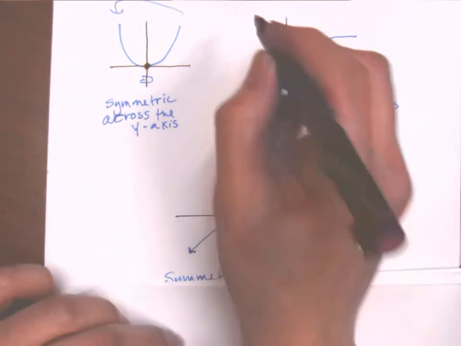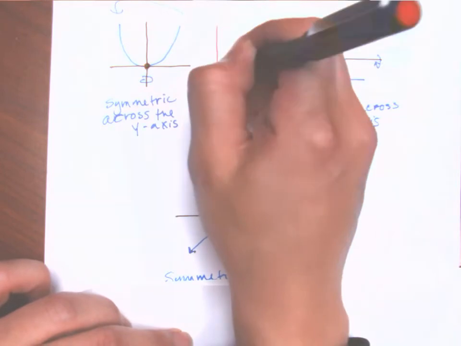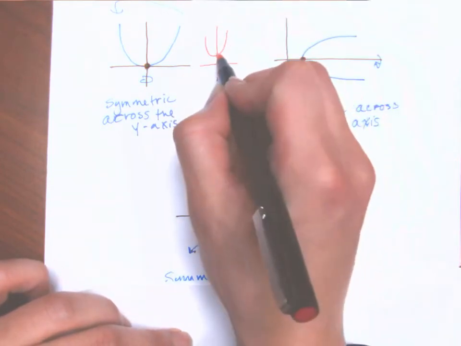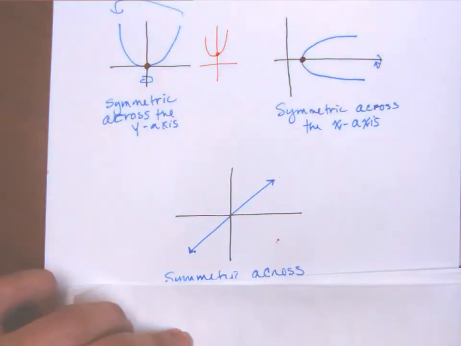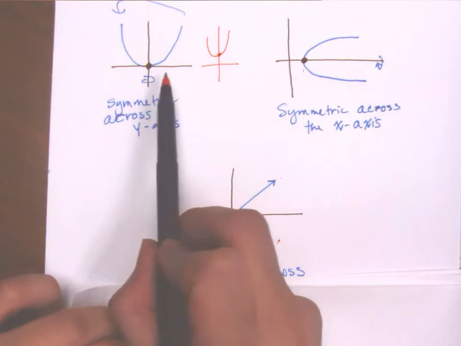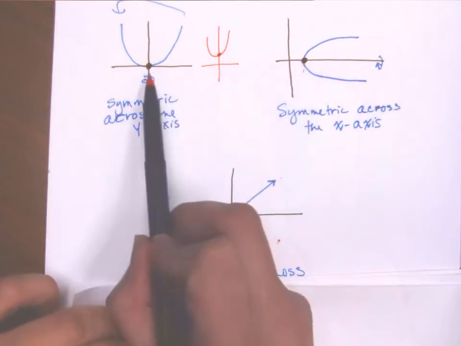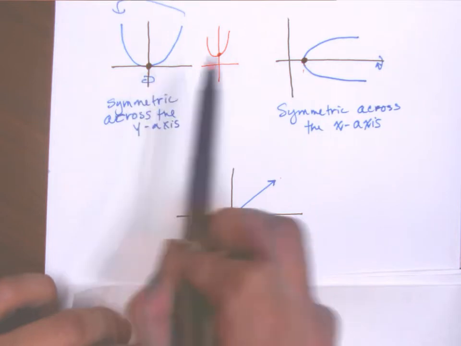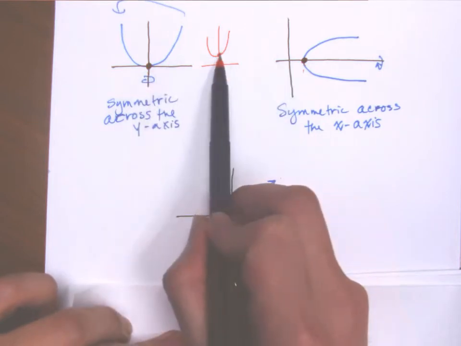If this was a little bit different, let's say our graph was like this, then we have a y-axis there. So x-axis, x-intercept, through both is origin. Just across the y is the y-intercept.